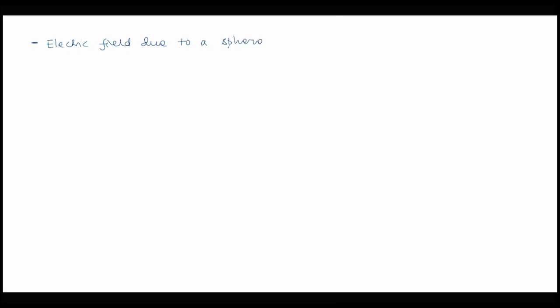If we consider a sphere studded with charge, our selection of Gaussian surface is going to be spherically symmetric, for the same reason which we have explained for a shell.